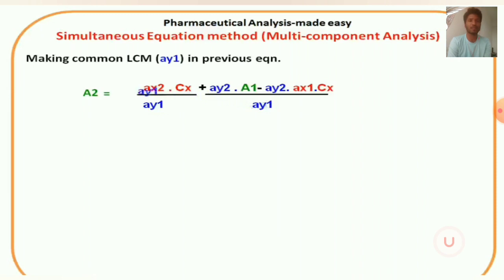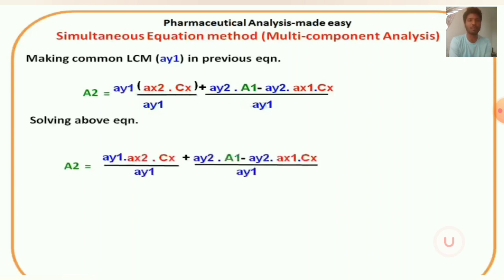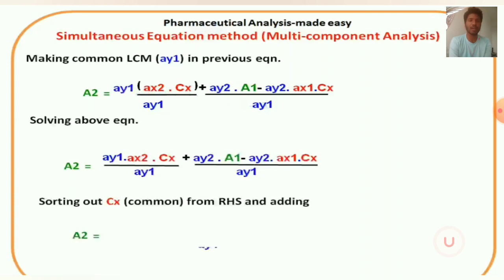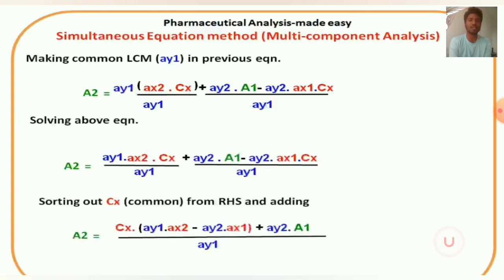Now taking the LCM of AY1 and solving the above equation, it forms A2 equals AY1 into AX2 into Cx divided by AY1, plus AY2 into A1 minus AY2 into AX1 into Cx divided by AY1. Now sorting out the common Cx on the right-hand side and adding into A2, we form the equation as you can see.